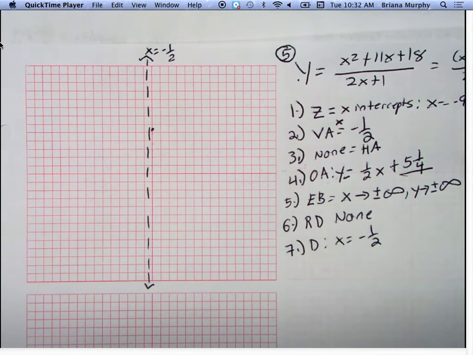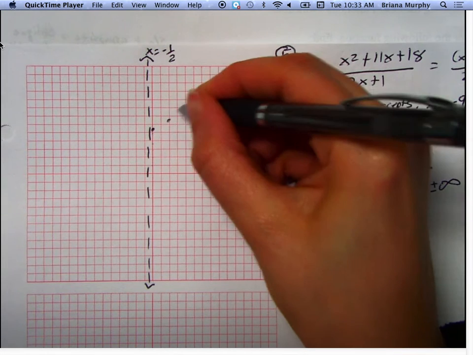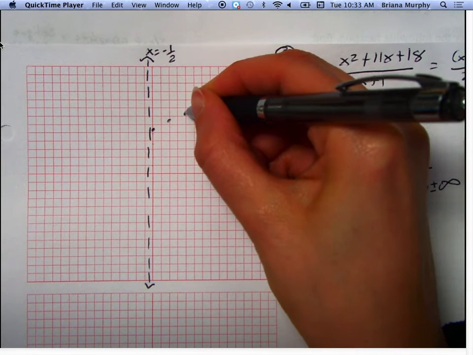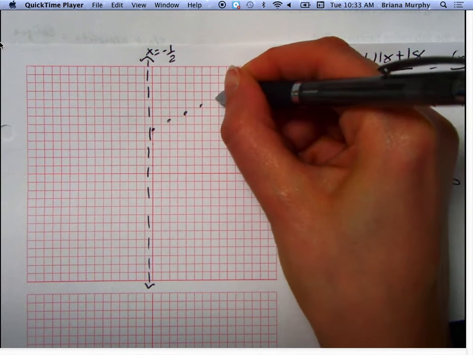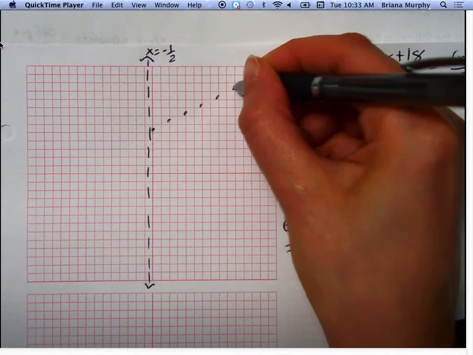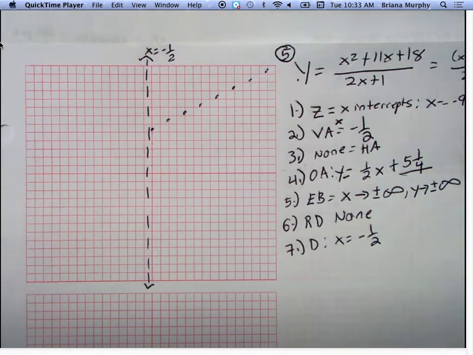Now I'm going to follow my slope, which is up 1 to the right 2. Up 1, right 2, up 1, right 2, up 1, right 2. And it's really annoying that I keep saying that. Okay, and I could go down 1 to the left 2.